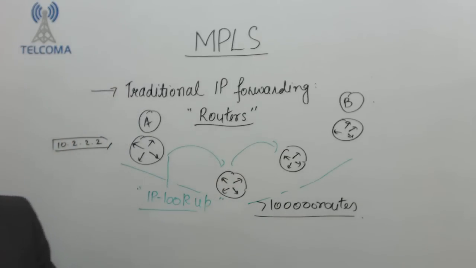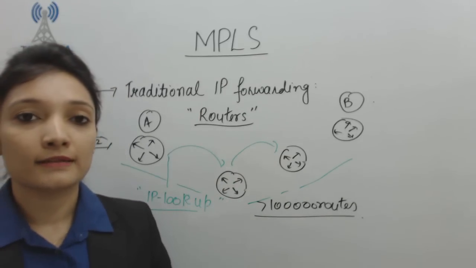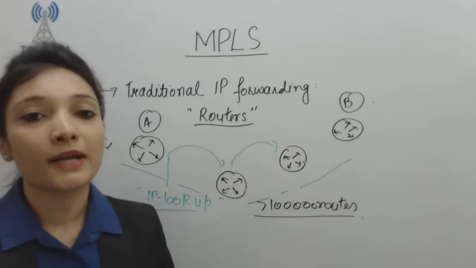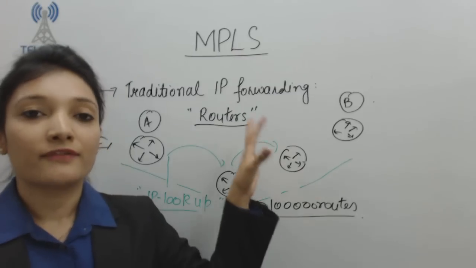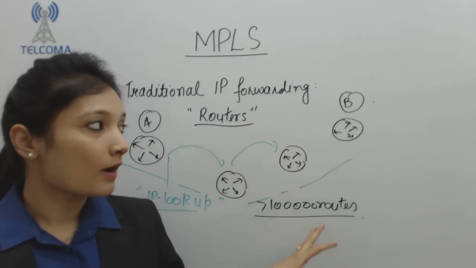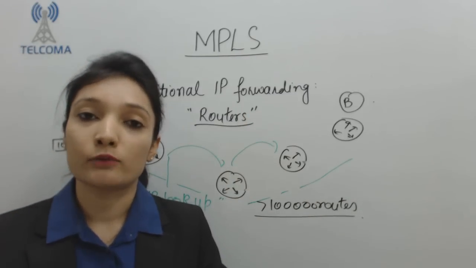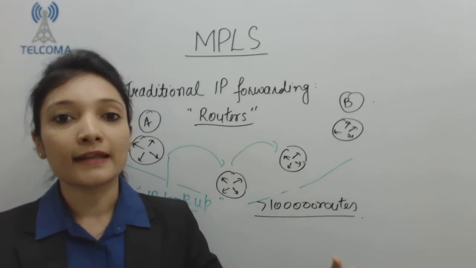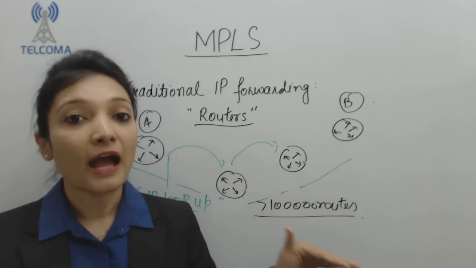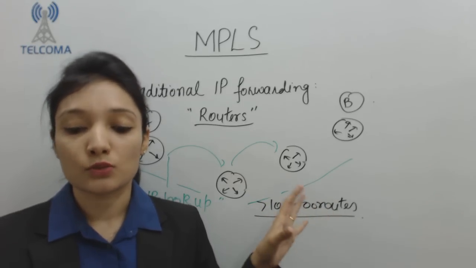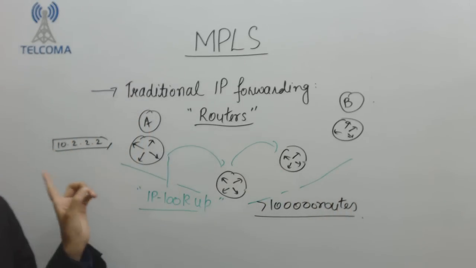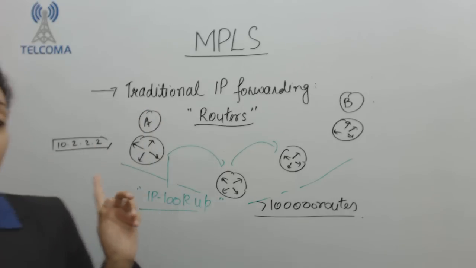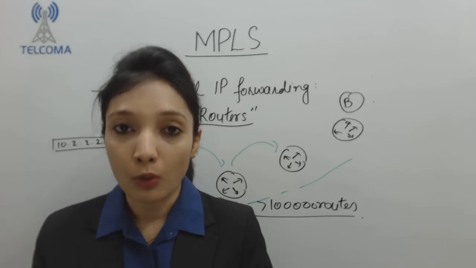So it has to go through the lookup table, through the longest subnet mask, and find the match. If it is not in that subnet mask, it has to go to another longest network mask. So this is basically time consuming, and it can lead to congestion in the network also. This was the drawback of traditional IP forwarding.